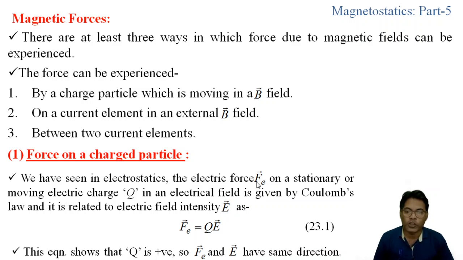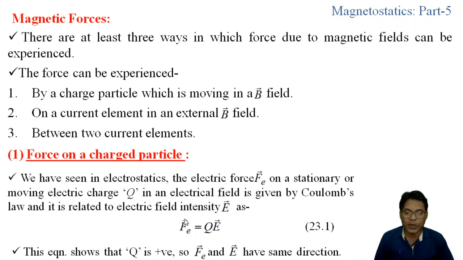So the force due to the electric field or electrostatic field on a stationary or moving electric charge Q in an electric field is given by Coulomb's law, and it is related to the electric field intensity E, which is given by the expression 23.1, that is Fe equals QE, or you can say the force due to the electric field is equal to Q into E. E is the electric field intensity.